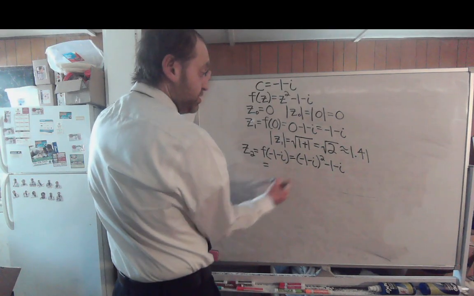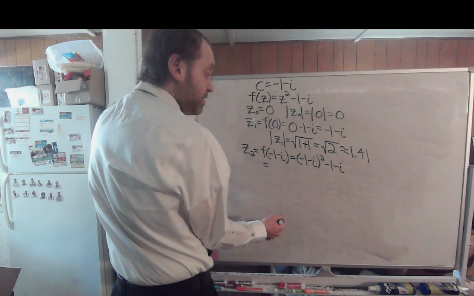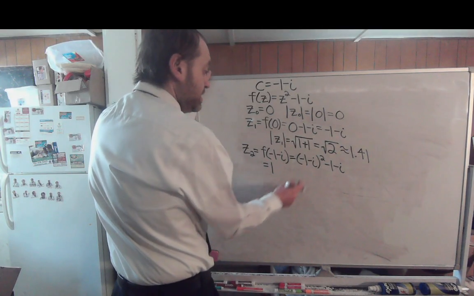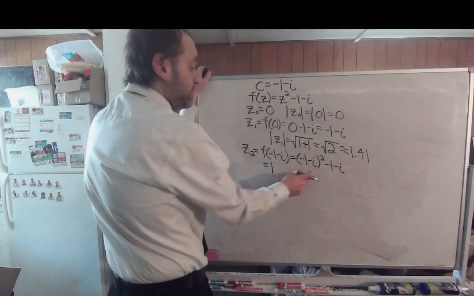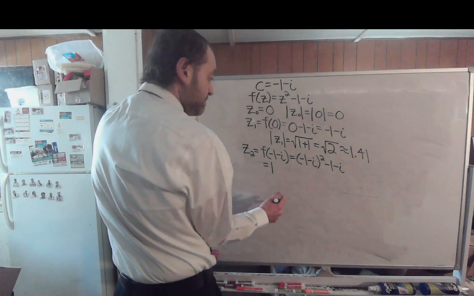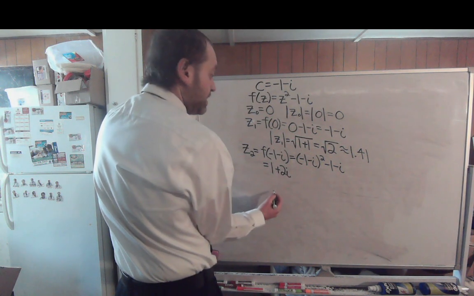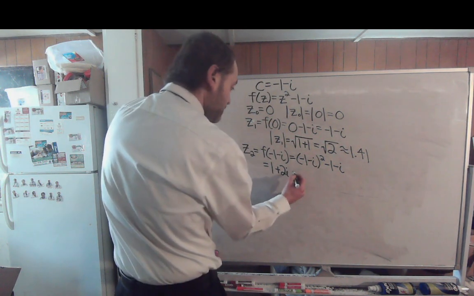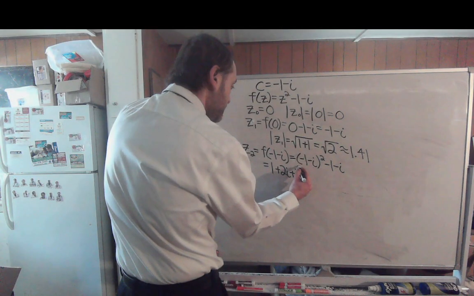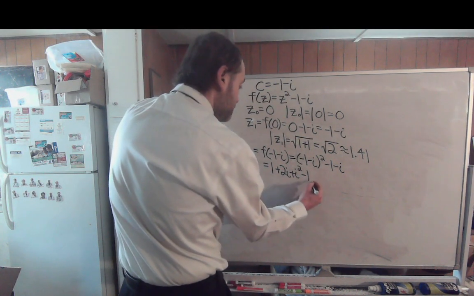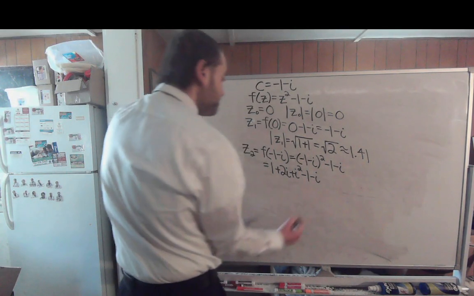Which would turn into, what's negative 1 squared? That'd be positive 1. 2 times negative 1 times negative i, that'd be plus 2i. Negative i squared would turn into plus i squared. Then you'd have minus 1 minus i.